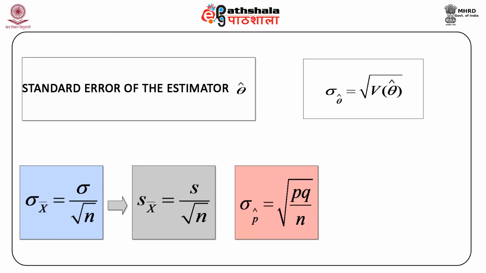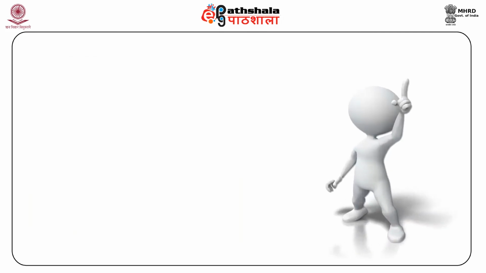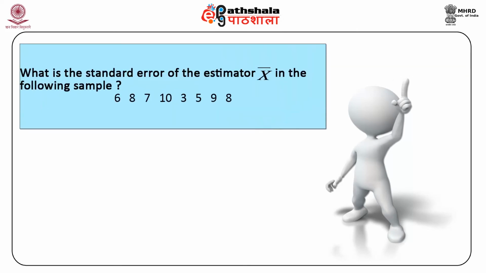As these are unknown, we can substitute p hat and q hat, which is equal to 1 minus p hat, to obtain the estimated standard error denoted as S p hat and is equal to under root of p hat q hat by n.